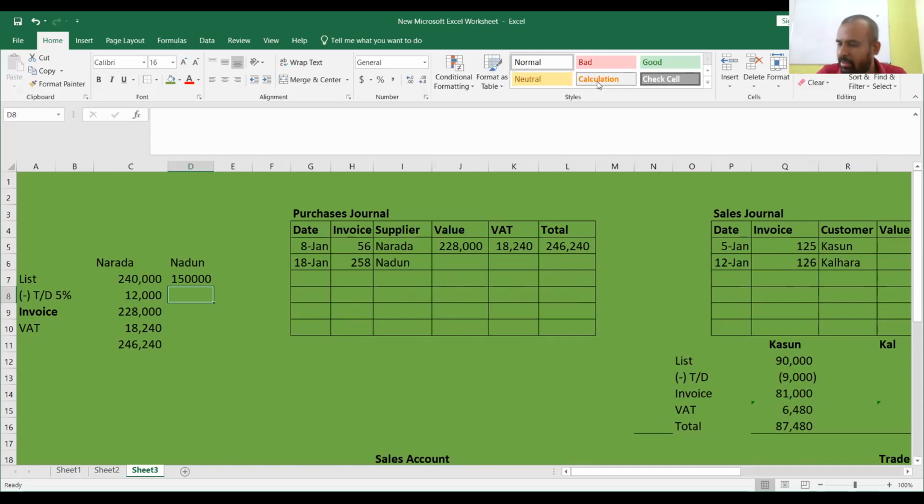We are giving them a trade discount of how much? 10%. එහෙනම් on that we are giving 10%, which is 15,000. එහෙනම් මට කියන්න invoice price is 135,000. On that you are charging 8% VAT, which is 135,000 plus 10,800, that is 145,800.